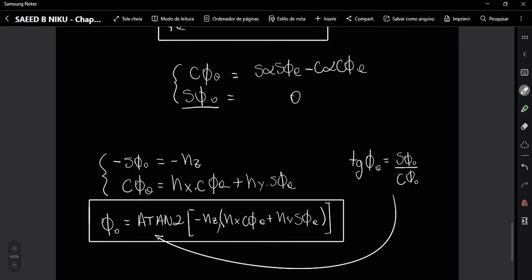And if we take from here the tangent, knowing this relation, we'll end up with this solution for the phi o angle.